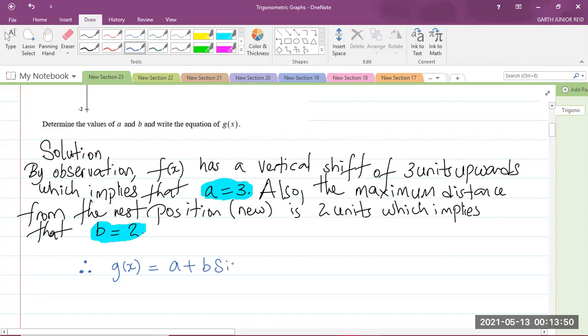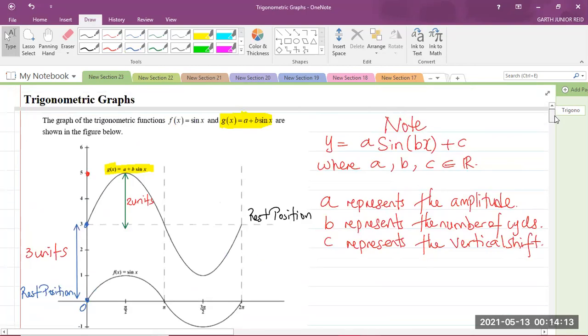That's what they gave us in the question. So all we have to do now is substitute the values of a and b that we got from the graph into the equation. So g of x will be equal to 3 plus 2 sine x, and that is our solution to this trigonometric graph question.